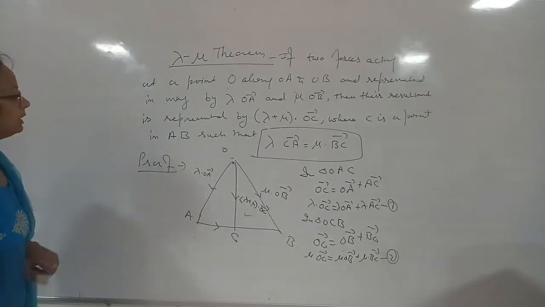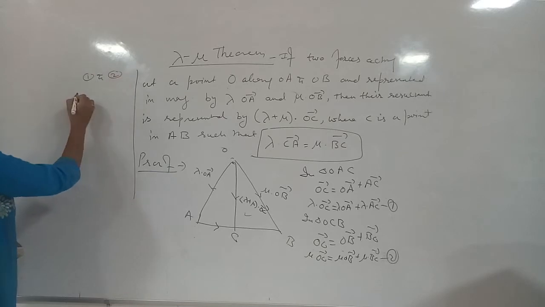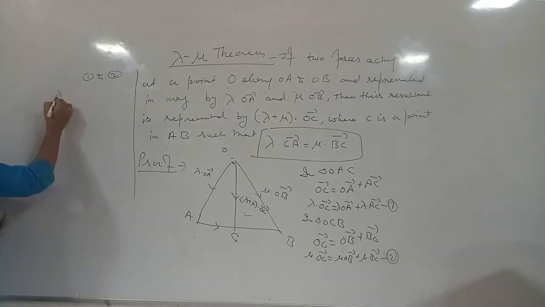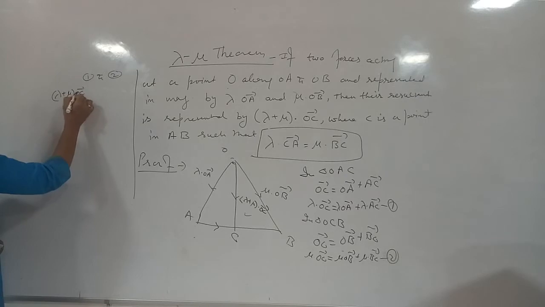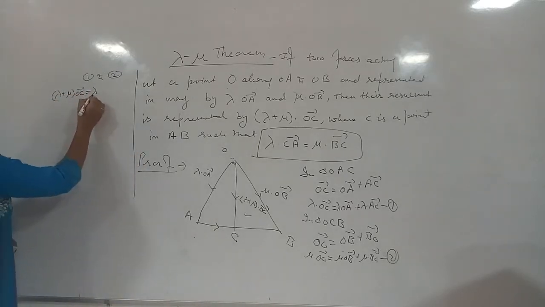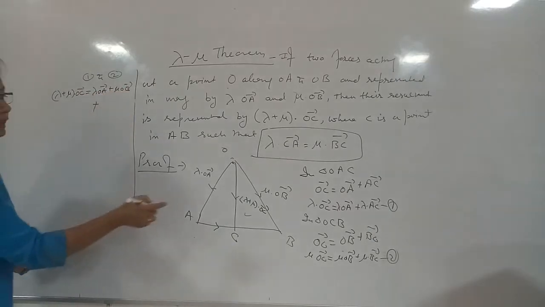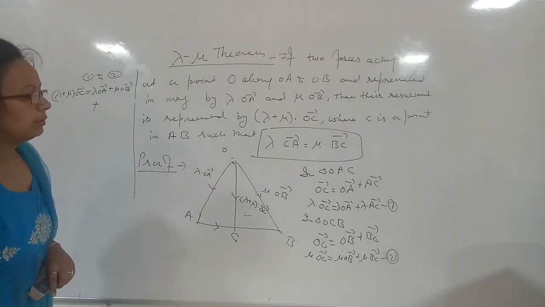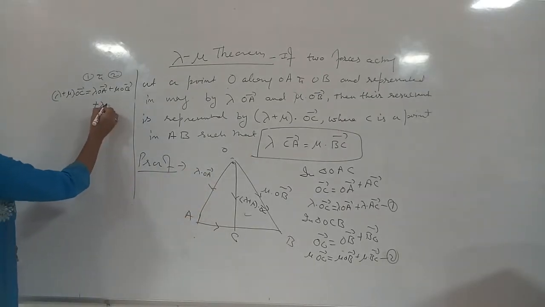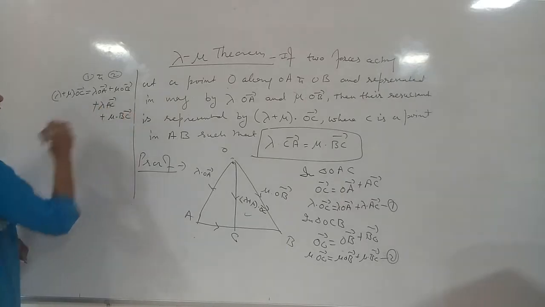Now we'll add these two equations 1 and 2. Adding 1 and 2, in the left hand side OC is common, so we have lambda plus mu OC. In the right hand side, first term lambda OA plus mu OB, and second term lambda AC plus mu BC.